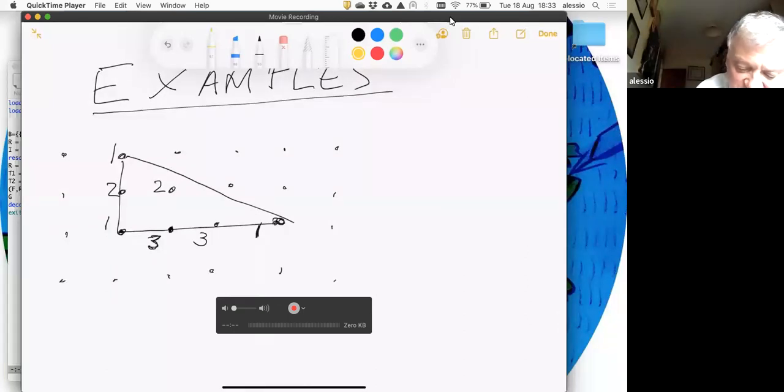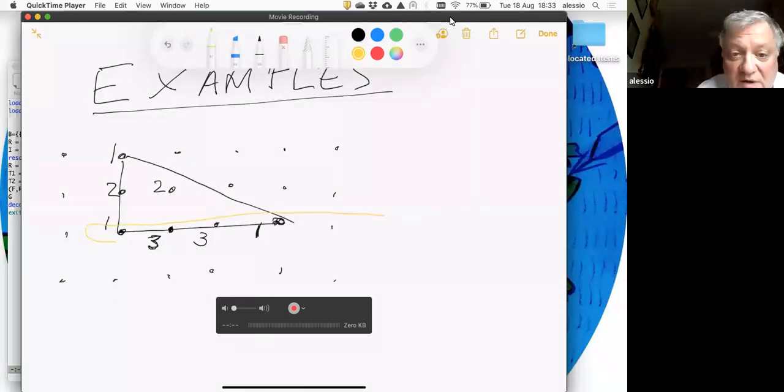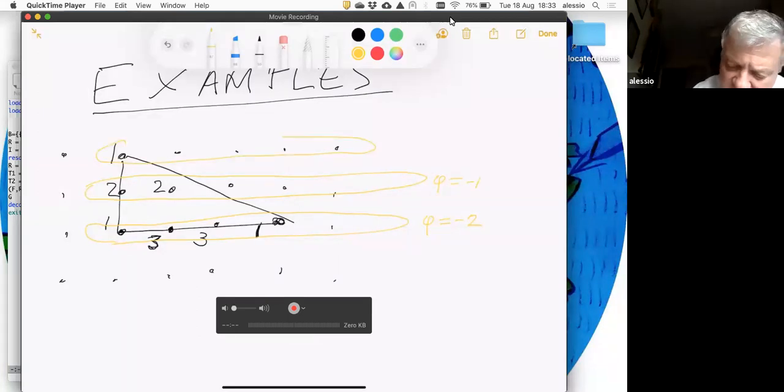So on this bottom line here, where these 1, 3, and 1 are, I choose it to be at level minus 3, or why don't I just do minus 2? Okay, phi equal minus 2 on these, and then phi equal minus 1 on these, and then phi equal 0 on this one.